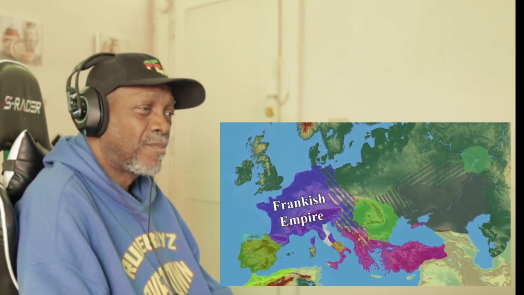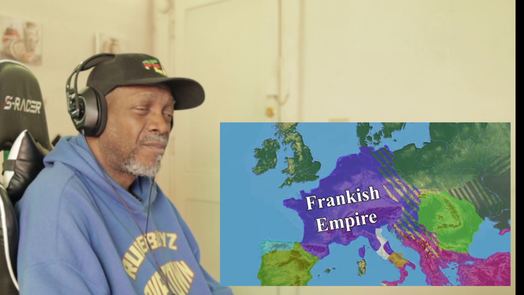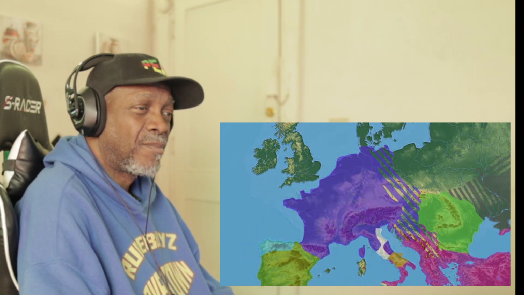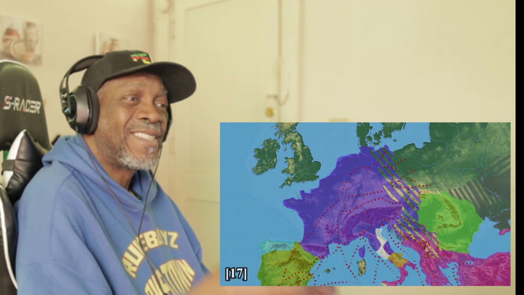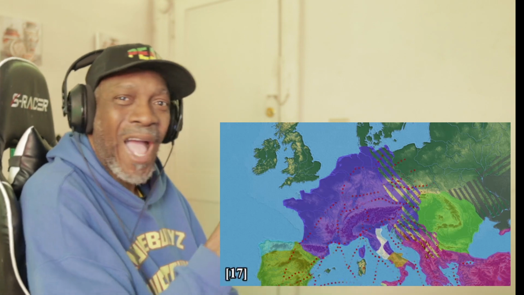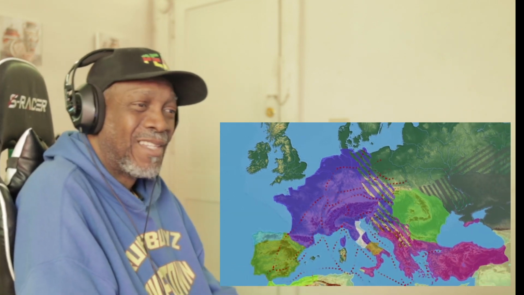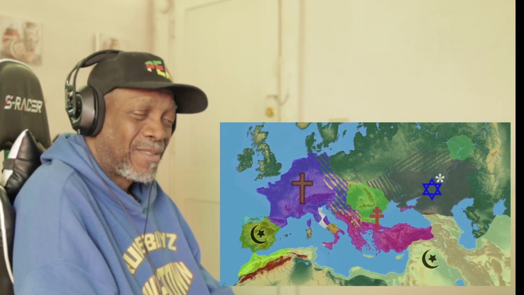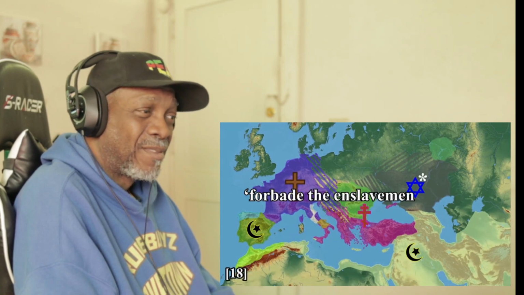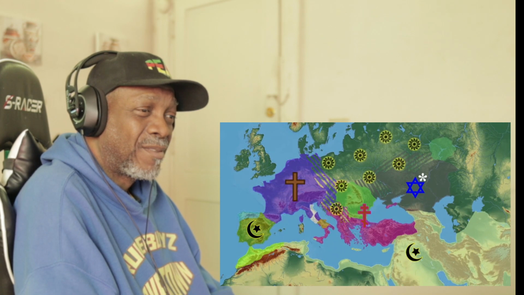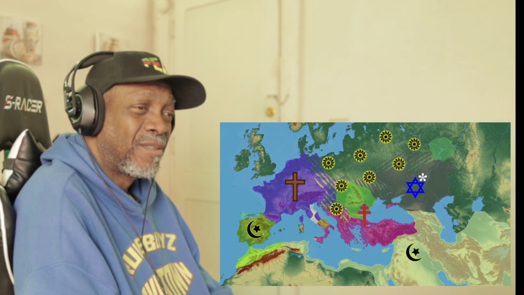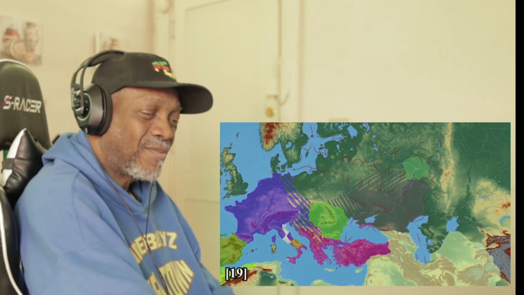Third, the newly consolidated Frankish Empire, even though largely moving away from slavery in favor of serfdom, was in a perfect position to not necessarily use the slaves they captured on their eastern frontier, but sell them into the Mediterranean slave markets. Fourth, considering that by this point all the major religions forbade the enslavement of people adhering to the same faith, the still largely pagan Slavs proved to be the perfect source of pagan slaves. Lastly, fifth, the emergence of the Vikings.